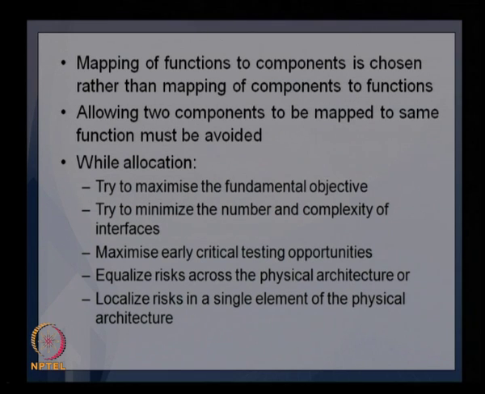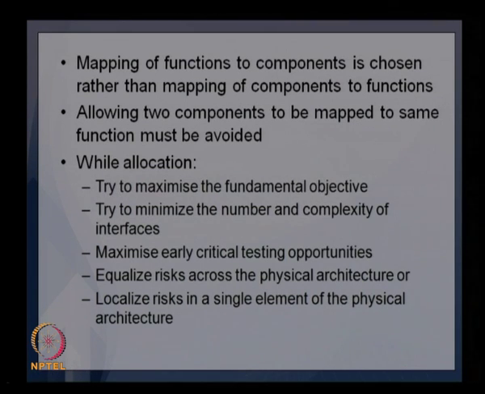So you can either distribute it equally, or have a localized risk in a single element. We can identify the risks in those single elements and see whether all the risks can be localized to that particular element, so that failure can happen at that point only.